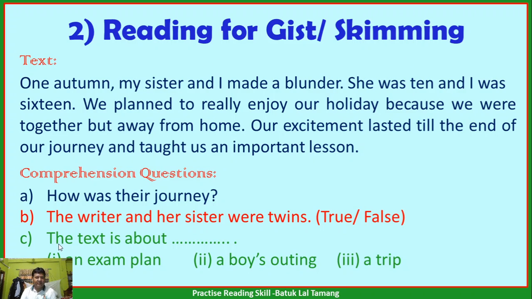Right? Another one: the text is about an exam plan, a boys outing, a trip. After reading this whole text, you know this text is not about an exam plan. Neither is this text about a boys outing. Actually, it is about a trip. That's why the correct answer is about a trip.